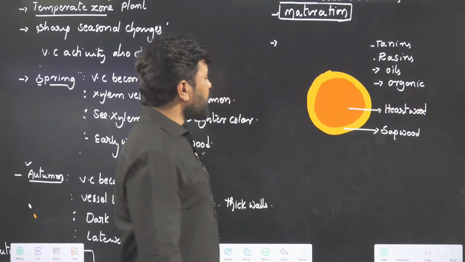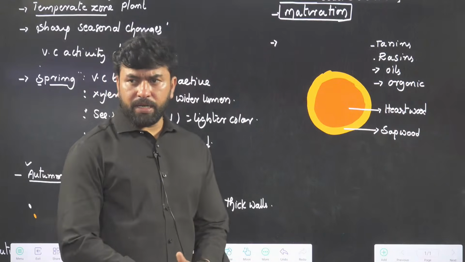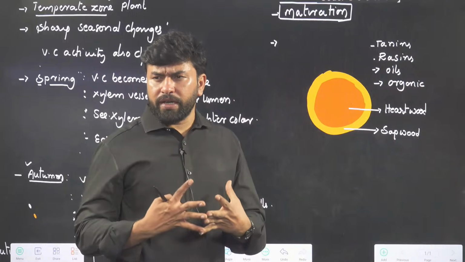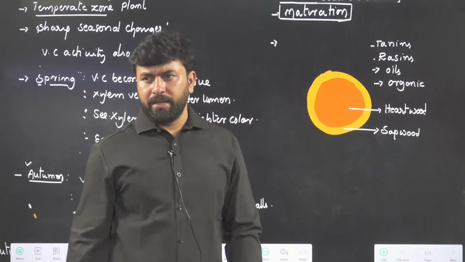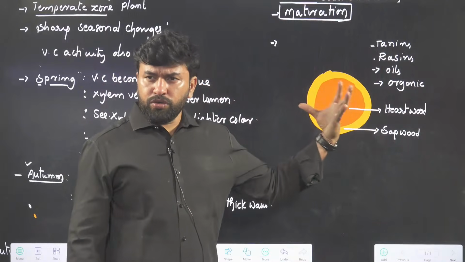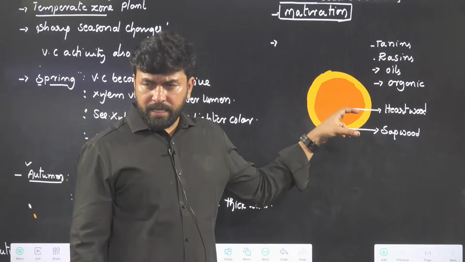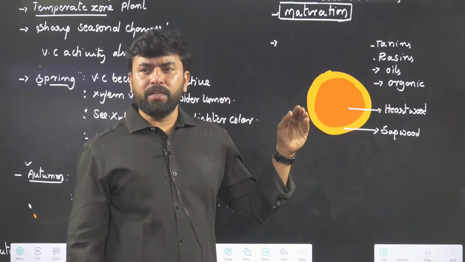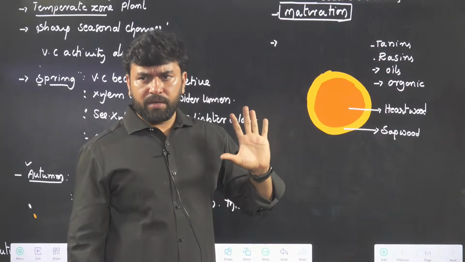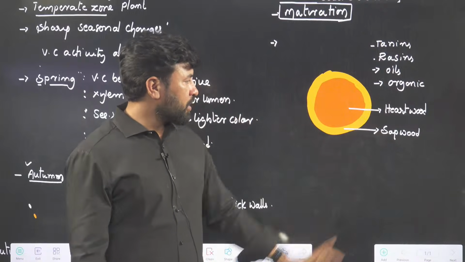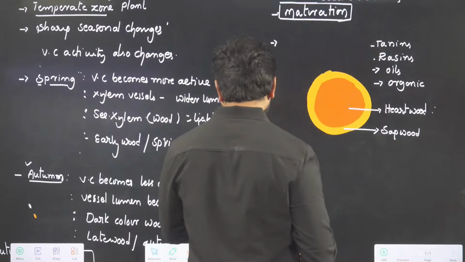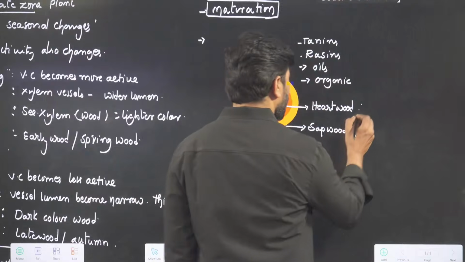Because of the organic compounds and other kinds of chemical deposition, the center portion of the wood has become too dark in color. As a result of this too dark wood developed in the center, that wood is called heartwood. Sometimes it is also called hardwood, but the appropriate name is heartwood. But one thing, heartwood cannot transport water.